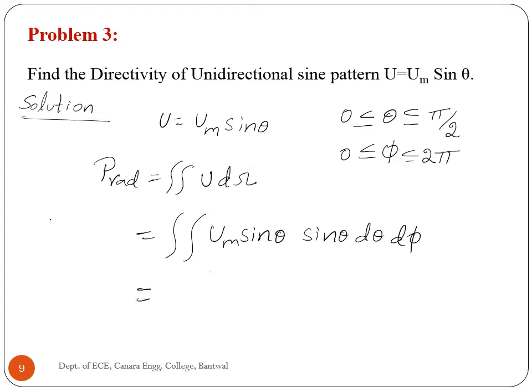So radiated power is equal to the integral of d phi, phi from 0 to 2 pi, times the integral of sin square theta d theta, theta from 0 to pi by 2.